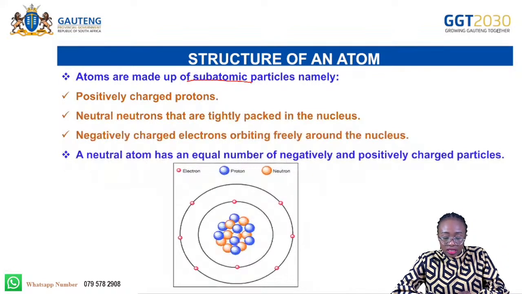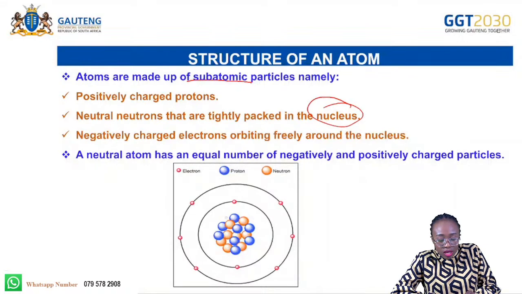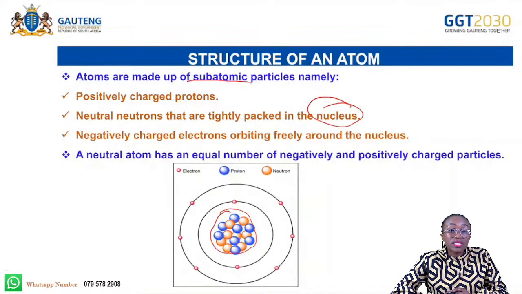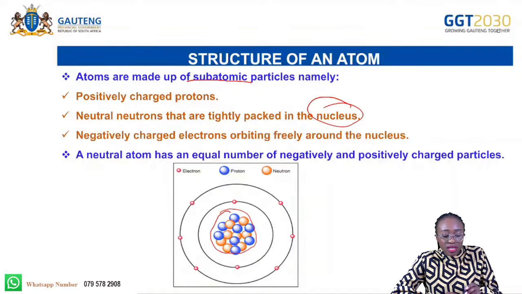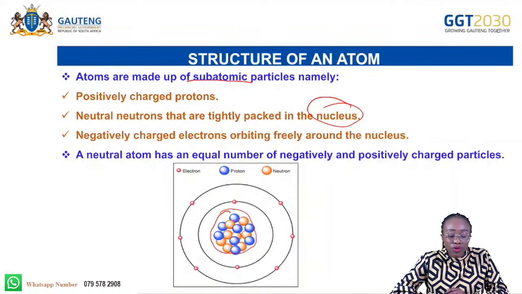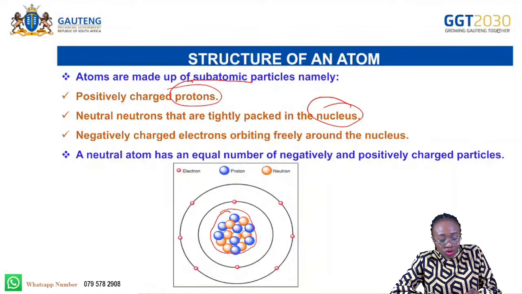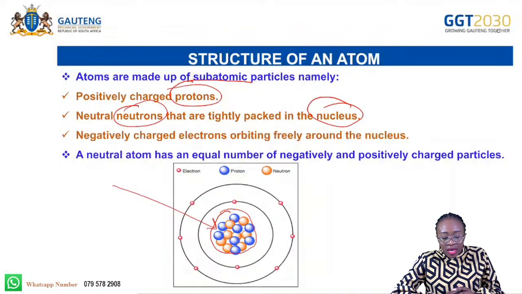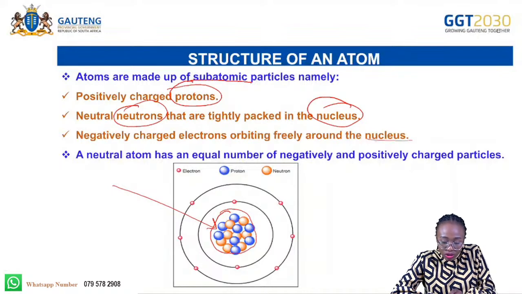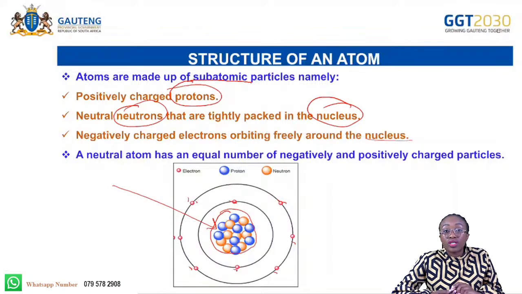So which part is referred to as the nucleus? This is the nuclear region. The subatomic particles that we find within the nuclear region are the protons and the neutrons. We find them here tightly packed. Then outside of the nucleus are the electrons that we see here freely orbiting around the nucleus.